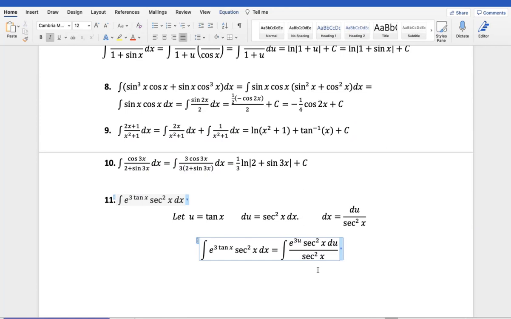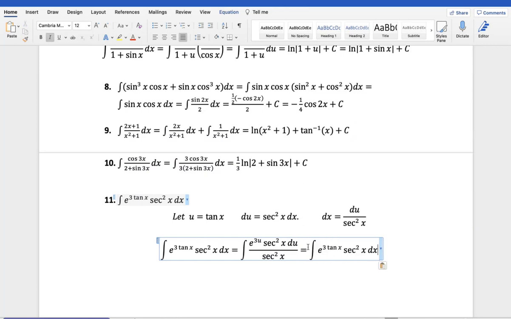Immediately we can see that sec squared can be simplified away, so this is now the integral of e to the 3u du.